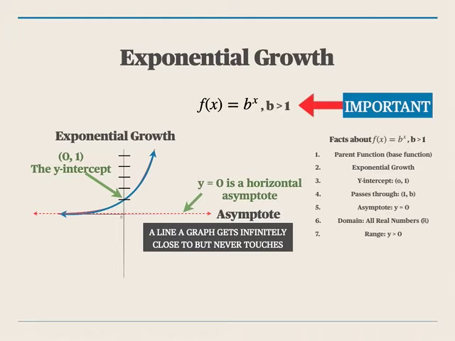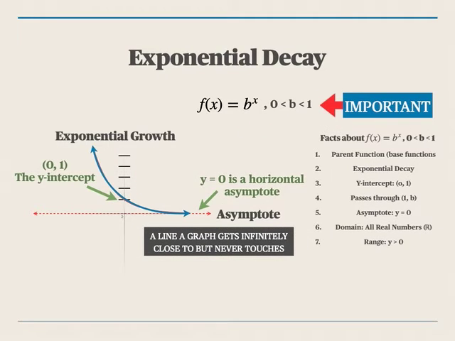Exponential decay now, what we're going to do is we'll see the b value changes. If you think back, we said the b has to be greater than 0, and it could not equal 1. So here's all the numbers that are bigger than the 1. The only numbers it leaves left over are those between 0 and 1, the fractions.